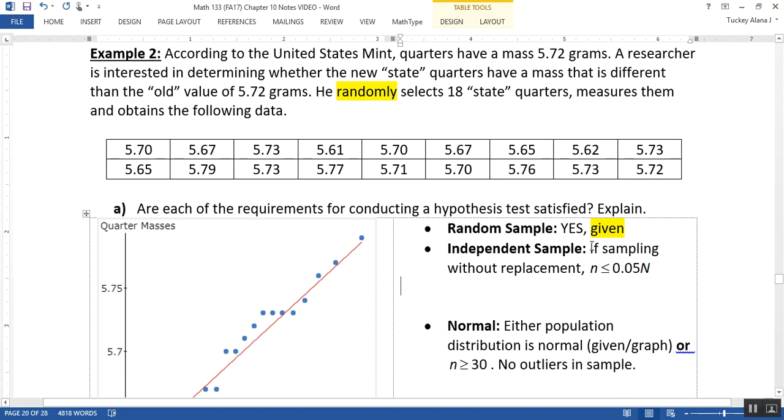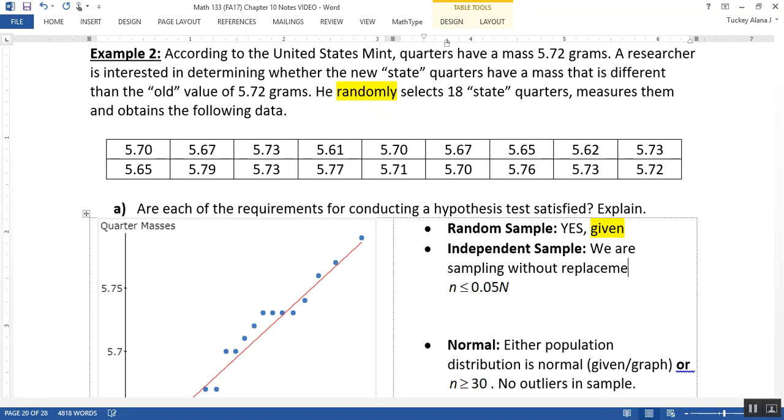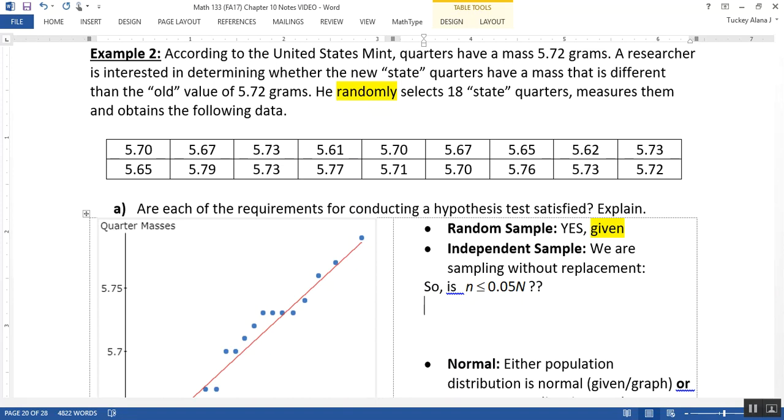So we are sampling without replacement, so we have to make this argument here. So is little n less than or equal to 0.05 capital N? Well, little n is the sample size, which was 18.